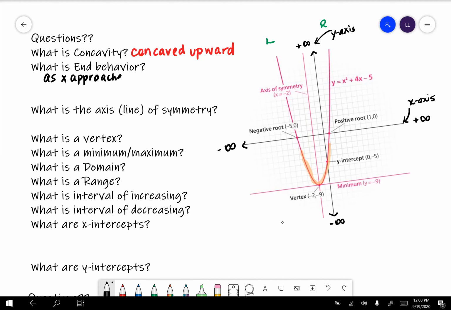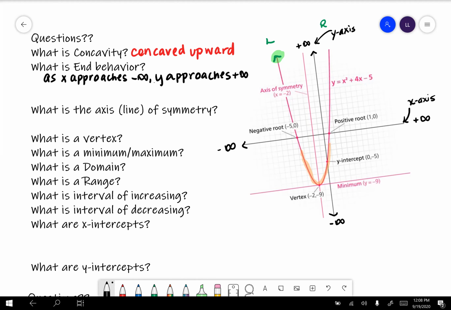Now the question is, what are the y values doing on the left-hand side as x approaches negative infinity? At the ends, our y values are approaching positive infinity. If this graph were to continue on forever and evermore, it would be going towards positive infinity.